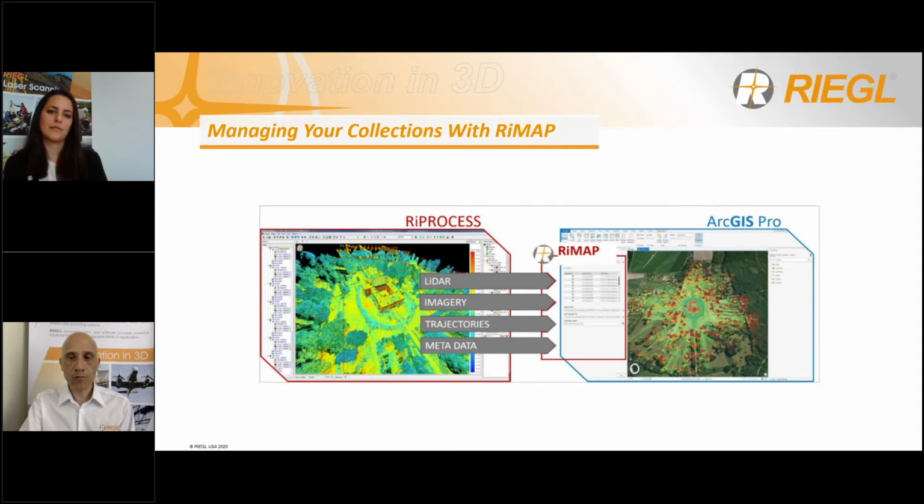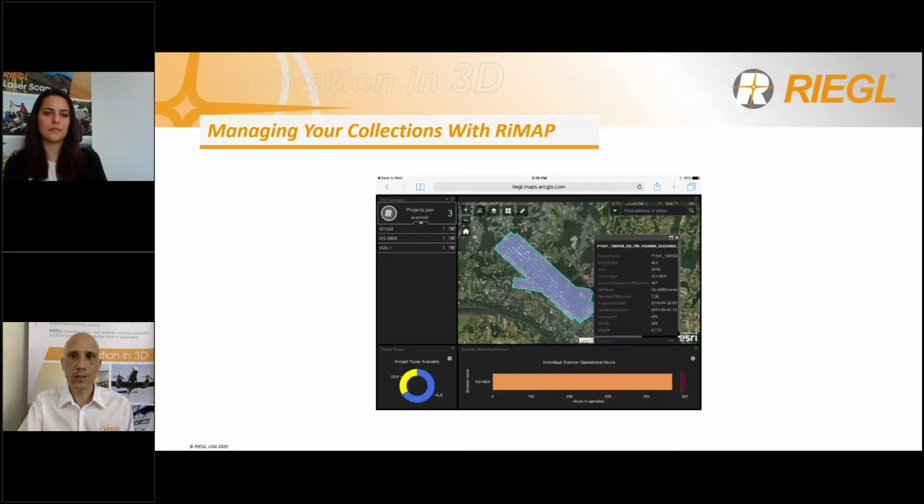The Pro add-in reads the RIProcess file and ingests the LiDAR, imagery, and trajectory data, and a wealth of project metadata into an ArcGIS project, streamlining the transition between processing, analyzing, and managing your LiDAR projects, and even making important project information accessible in easy-to-use web applications.